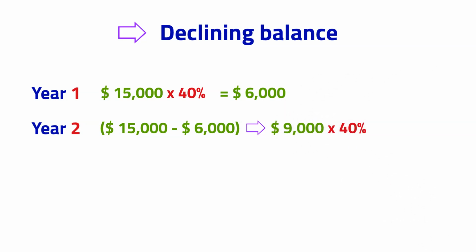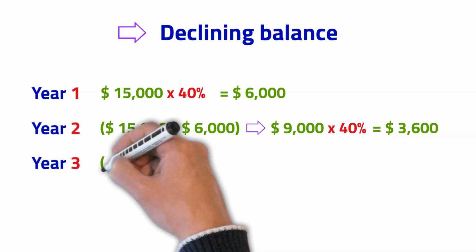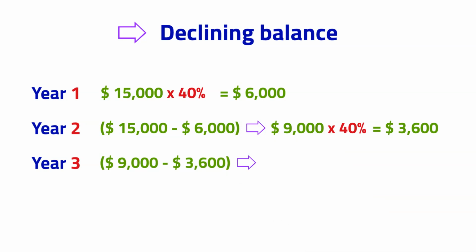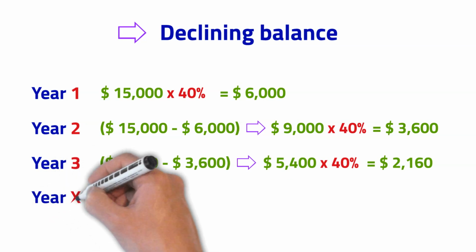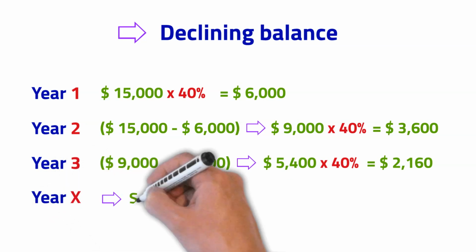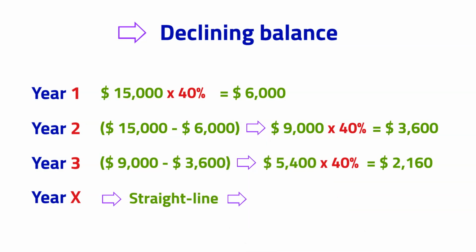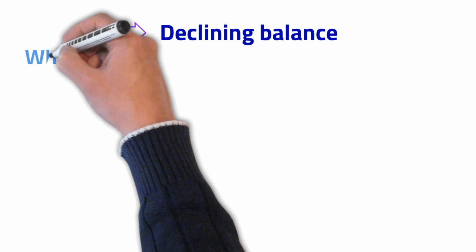When multiplied by 40%, we get depreciation of 3,600. In year 3, the same logic. 9,000 minus 3,600 times 40% equals $2,160. And so on until we decide to switch to straight-line depreciation to complete the depreciation of the asset to zero at some point.